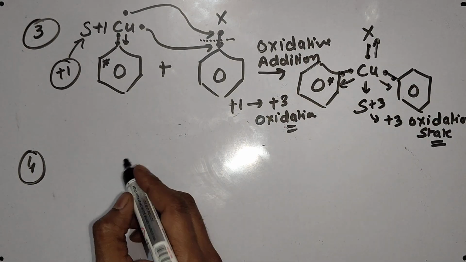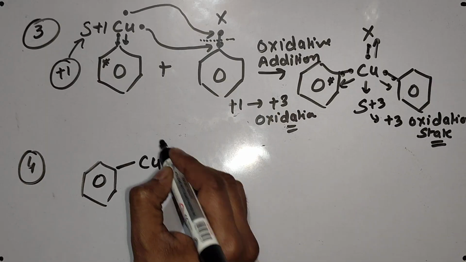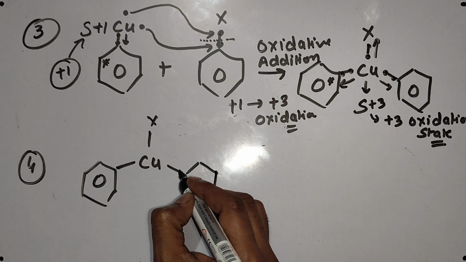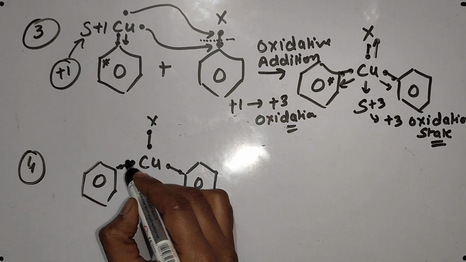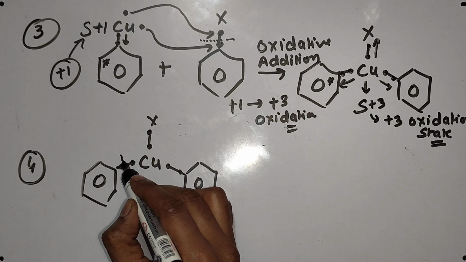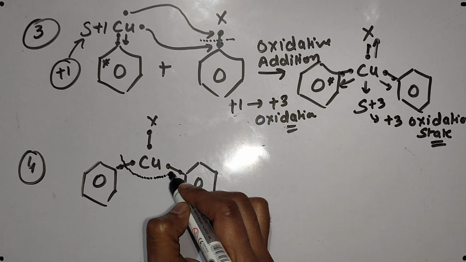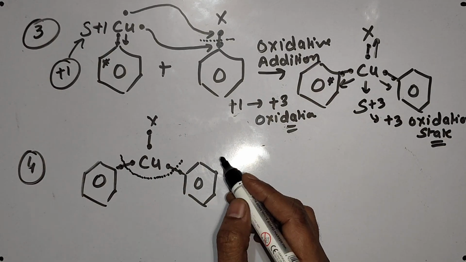So in this condition, what will it do? It will make itself stable. How? By breaking bond from carbon and getting 2 electrons back.